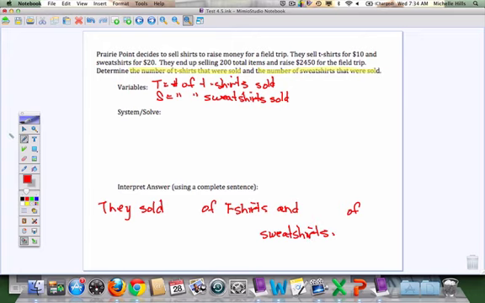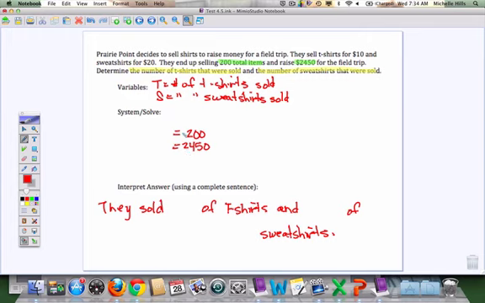The other thing I can do in a lot of these is to go find two total amounts in this problem. Well, they sell 200 total items and raised a total of $2,450. What that means is my two equations, one is going to equal 200 and one is going to equal 2,450.